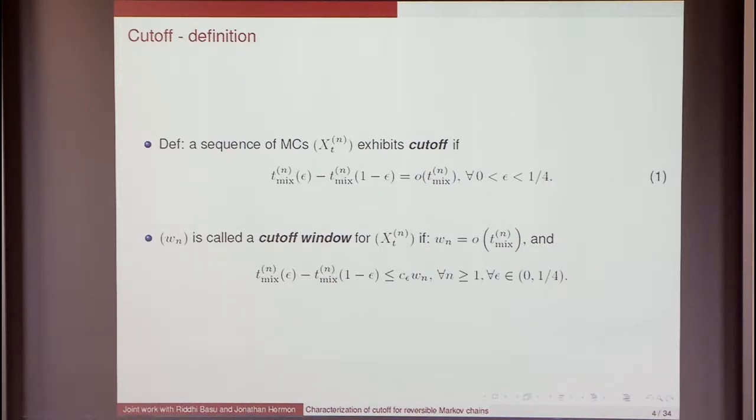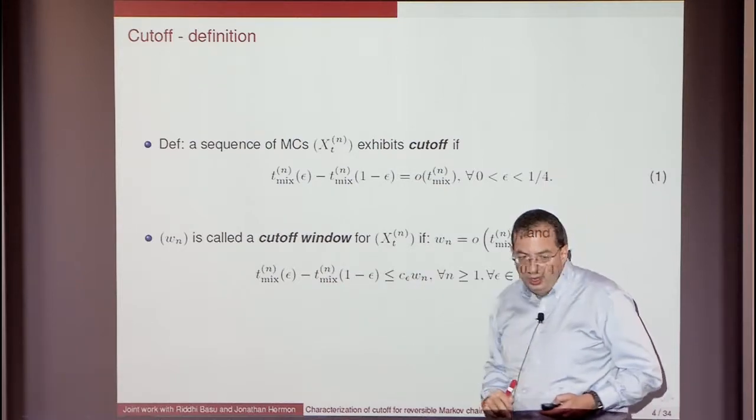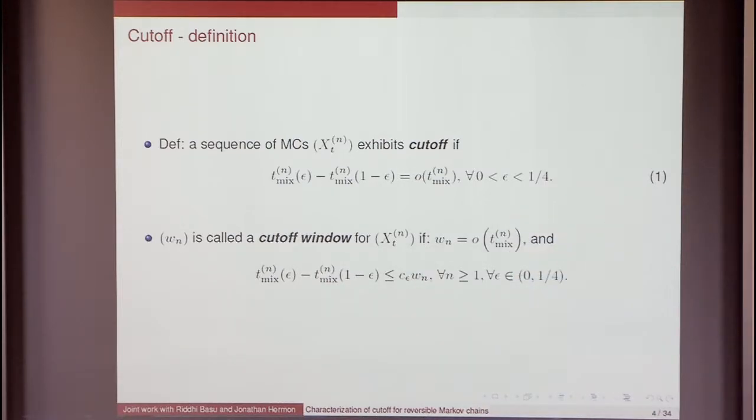But we want this difference to be little o of the variable, which really is equivalent to this picture of the total variation distance going down quickly. And more formally, you can capture how large this is by a window. For the hypercube, the window is size n. That's what I told you. So when you vary epsilon, T mix of epsilon only changes by order n, as opposed to its order n log n.